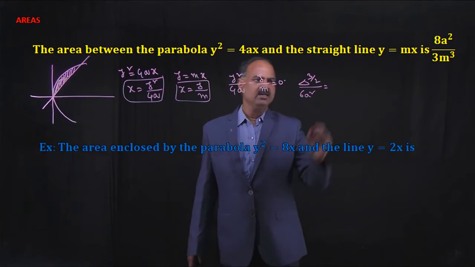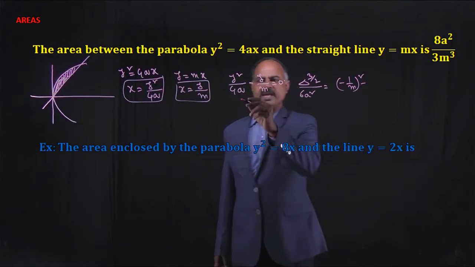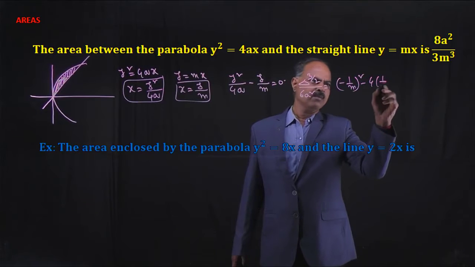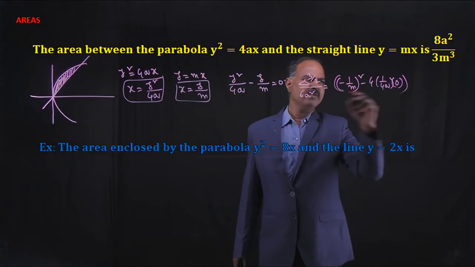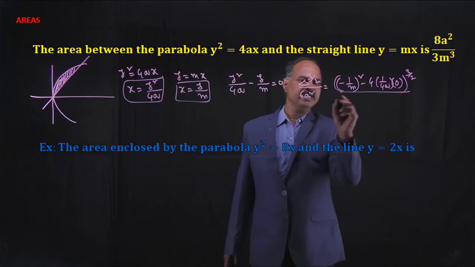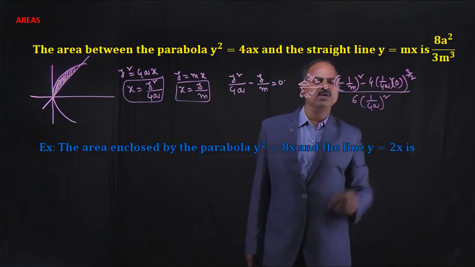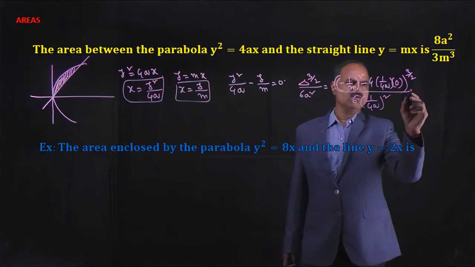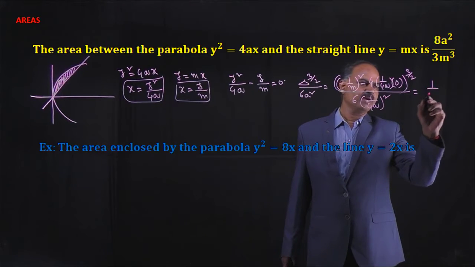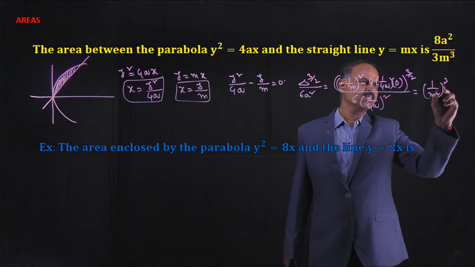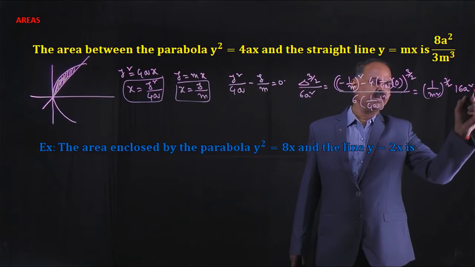Write delta power 3 by 2 by 6a square. Here b is minus 1 by m, so b square minus 4ac, 4 into 1 by 4a into c, with c equal to 0, whole to the power 3 by 2, by 6a square, where a square means 1 by 4a whole square. Now this is 1 by m square whole to the power 3 by 2 into 16a square by 6.